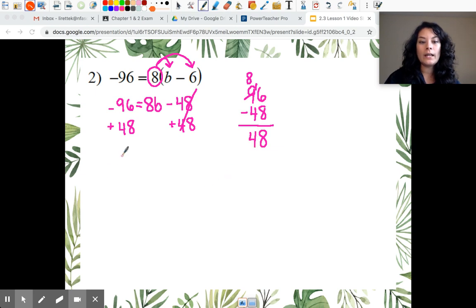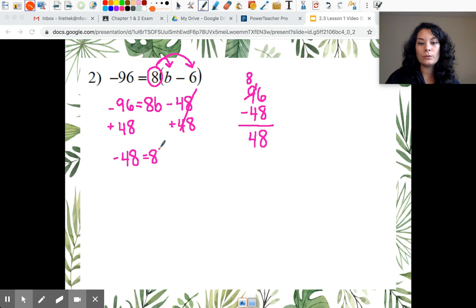So I'm getting 48 as my difference, but I just want to double check, is it a positive or a negative? So you look at the number that is furthest from 0 or the number that looks bigger, okay? The number that looks bigger is the 96, so I match that sign, which is negative.